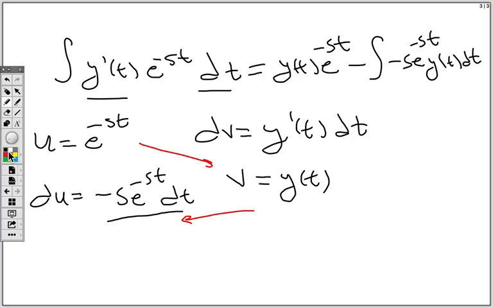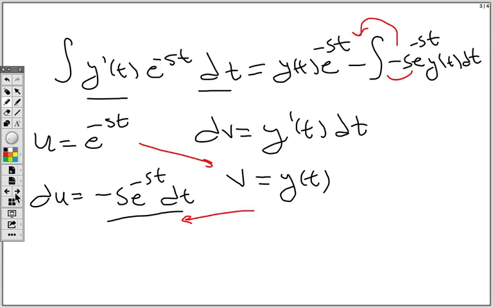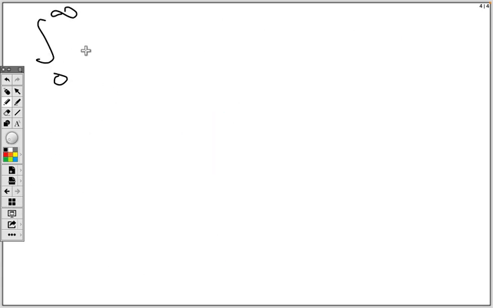And so I can take that minus out front. It's going to turn into a plus. And so I get the integral, and we'll go ahead and put the limits back on here, 0 to infinity of y prime of t e to the minus st dt.